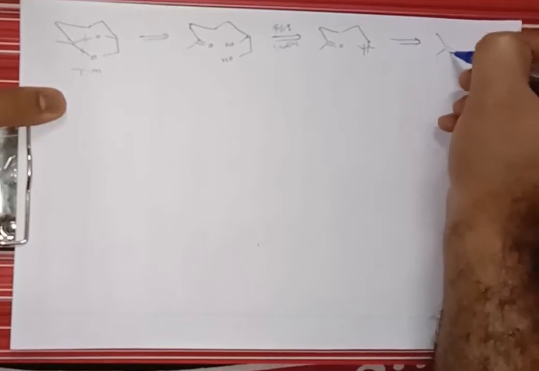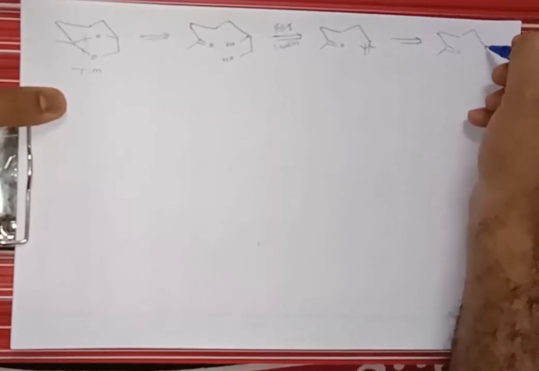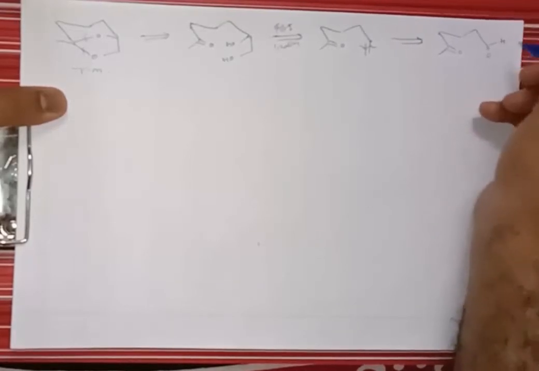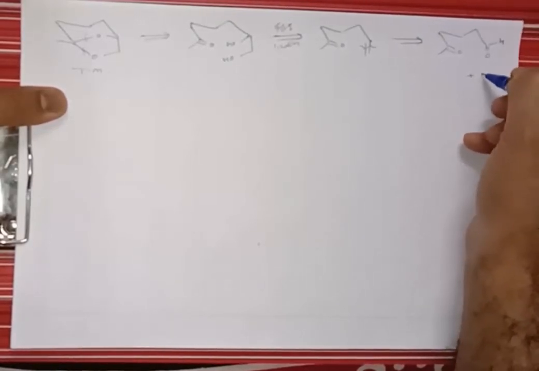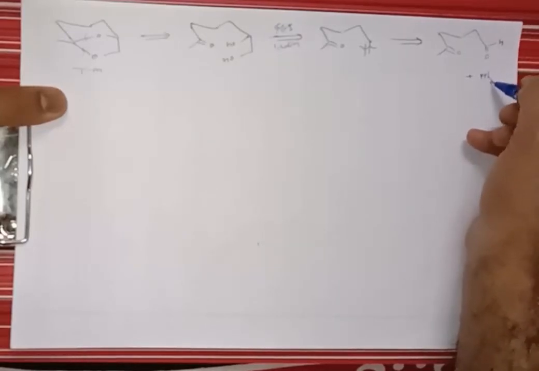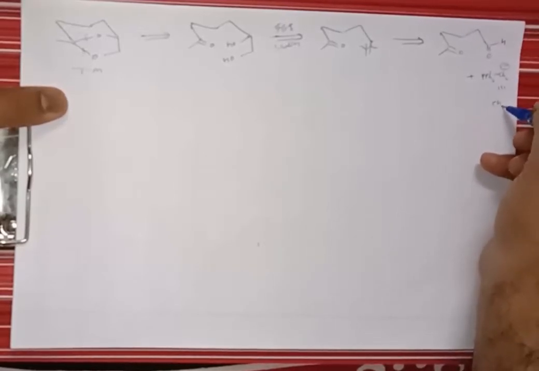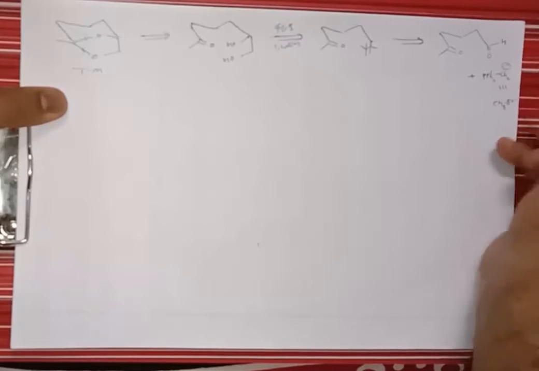Therefore it gives formation of carbonyl here, then CH2 CH2 C double bond O H here, and along with it gives PPh3 and CH2 minus here, and the synthetic equivalent for this is CH3Br, right?